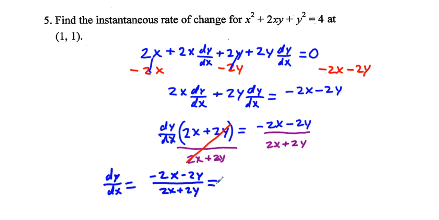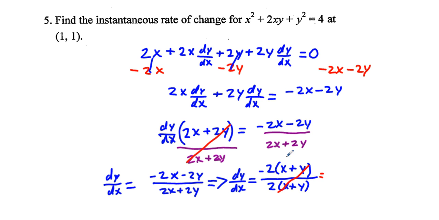And what we can do is, working to the right now, dy/dx is equal to, we can factor out a negative 2 from everything in the numerator. So we have negative 2 times x plus y over, we factor out a 2 from the denominator, we have 2 times the quantity x plus y. What do you know here? We have a cancellation.